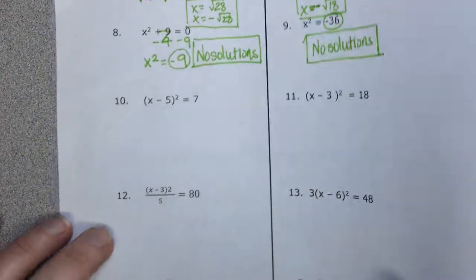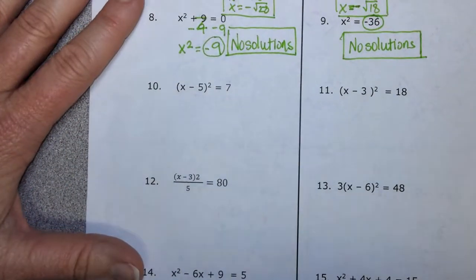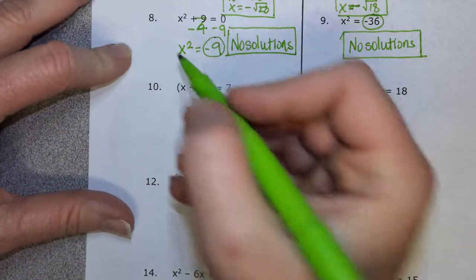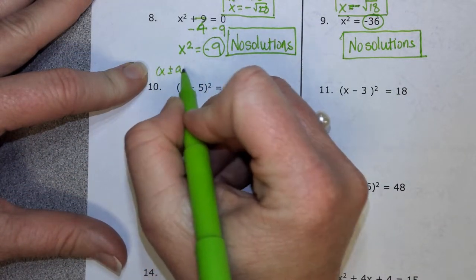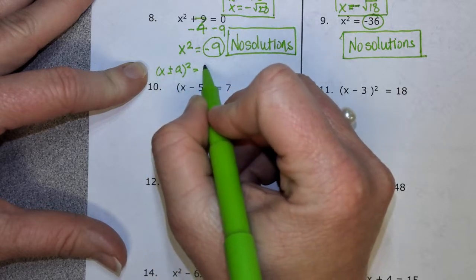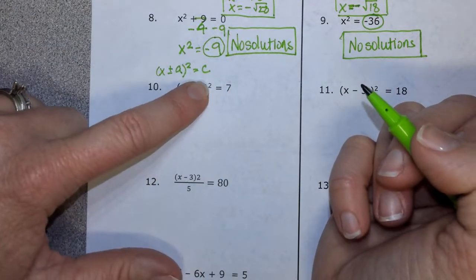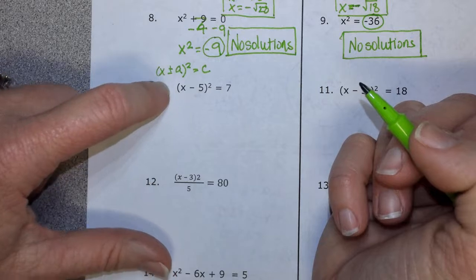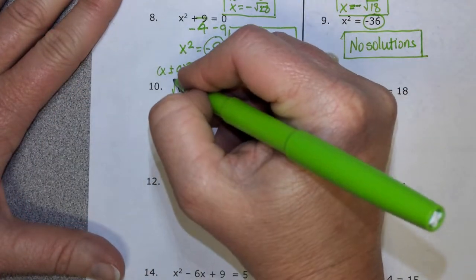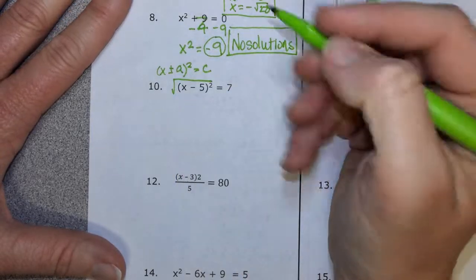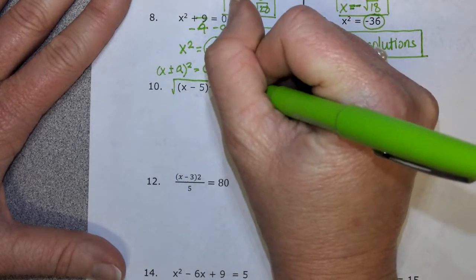Okay, moving on to number 10. So this one's already set up where we have x plus or minus some number squared equals another number. And when it's set up like this, then we can go ahead and take the square root of each side as well. So that's what we'll do here. We'll take the square root of x minus 5 squared and 7.